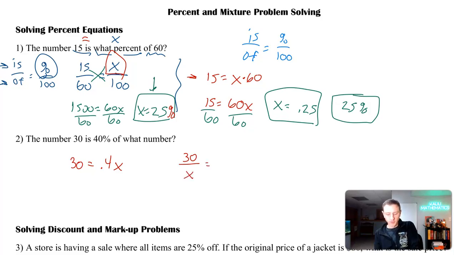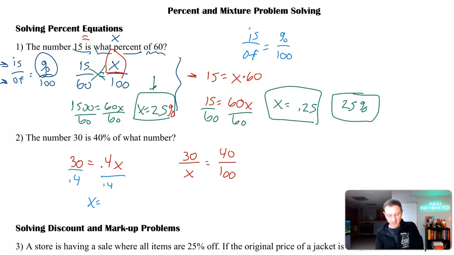The of is the unknown, and 40 is just going to be written as 40, not 0.4, because I'm using a proportion, so I leave it as 40 over 100. Going back to the equation now, I solve by dividing by 0.4. I get x equals 30 divided by 0.4, which is 75. There it is.